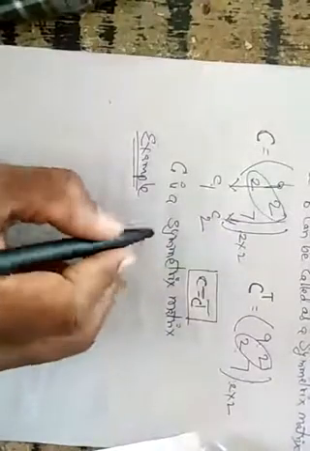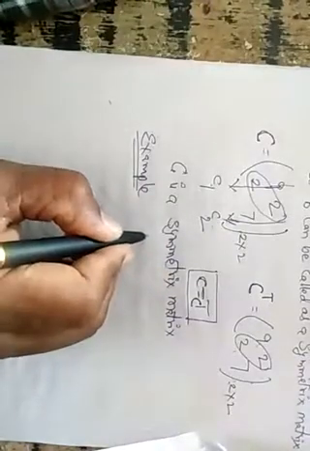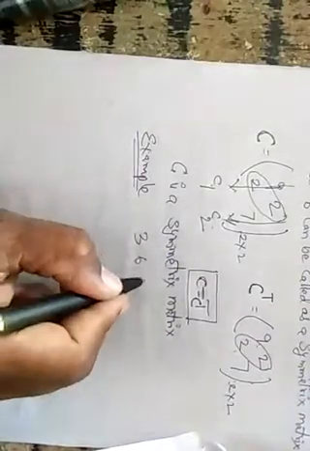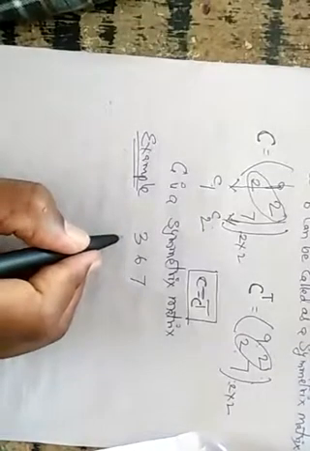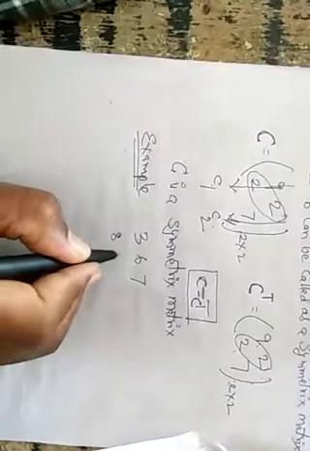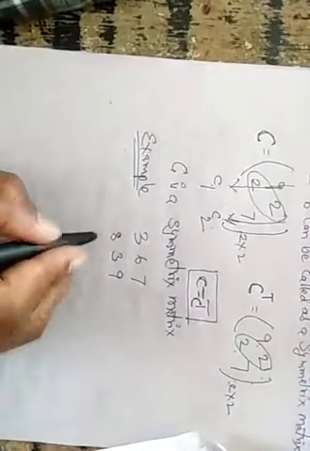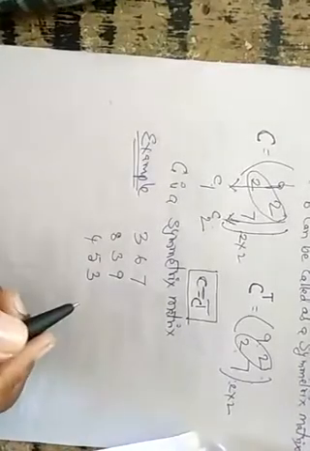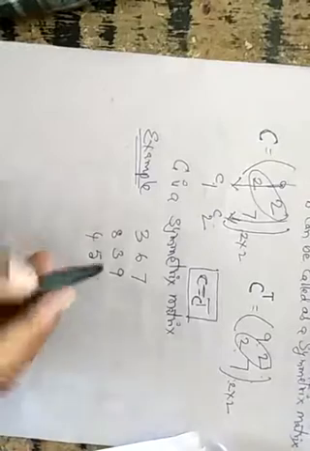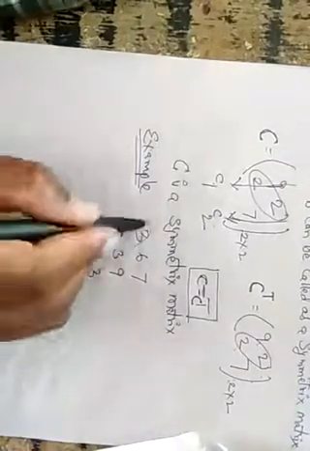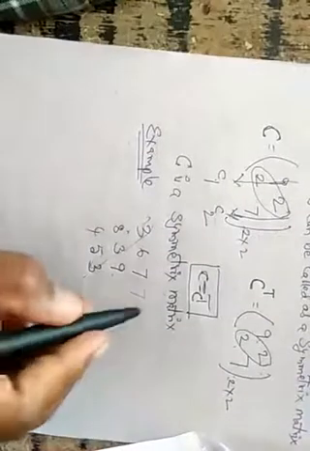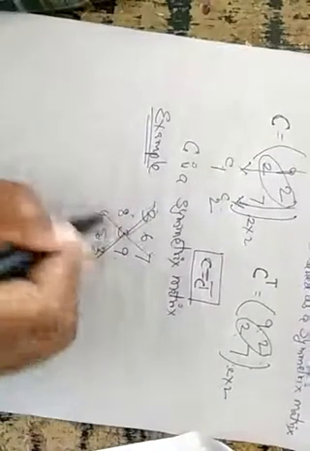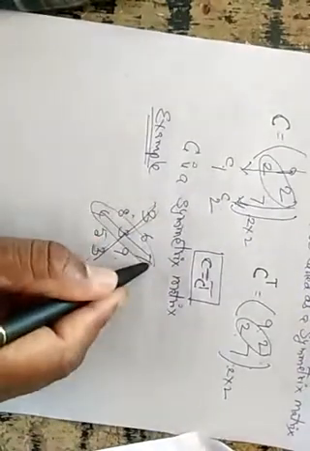Write down 3, 6, 7, 8, 3, 9, 4, 5, again 3. No, it is wrong. This is the principal diagonal. This is wrong. Take another example. This corner should be equal.